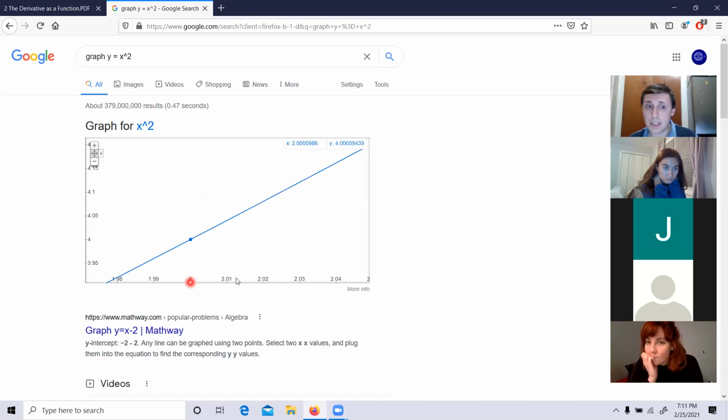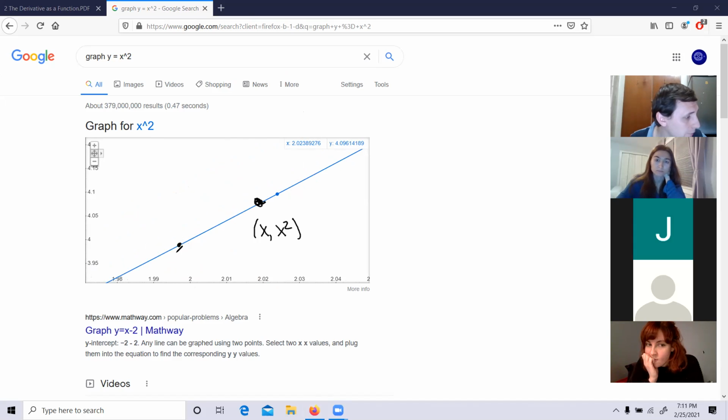Which means that the 2 points on the graph that I'm seeing, guys, look at it. I'm seeing this point on the graph, and let's say this is just some x squared, and this point on the graph is 2 squared, right? So what am I seeing here?